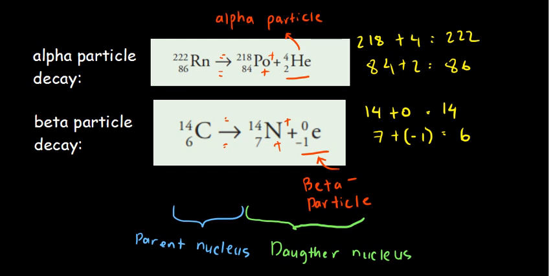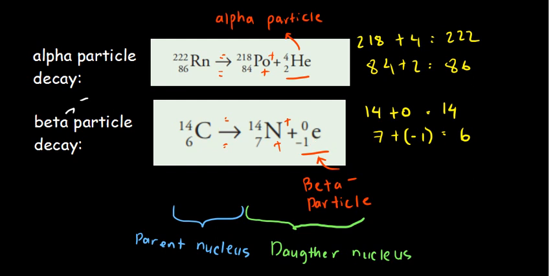Let's say a carbon going through a negative beta decay. Like I said, if it only tells you beta particle, most likely it's going to be a negative beta particle. So it's going to produce a negative electron.